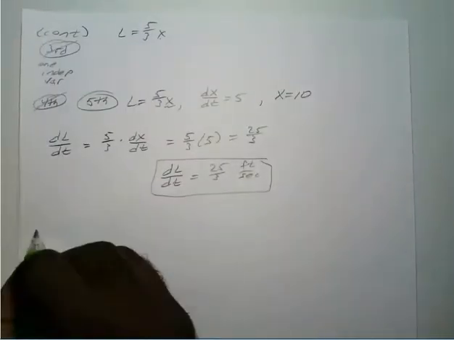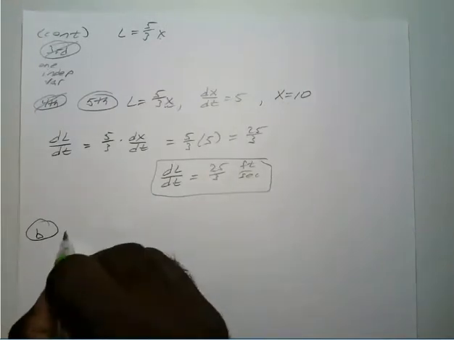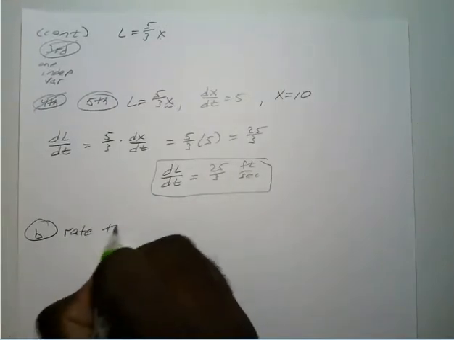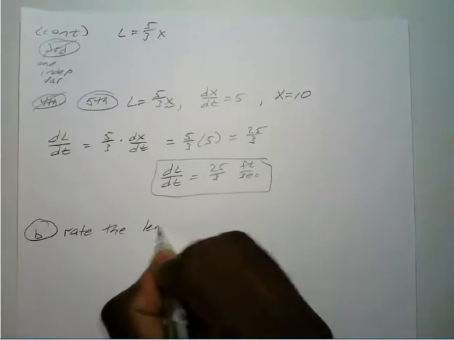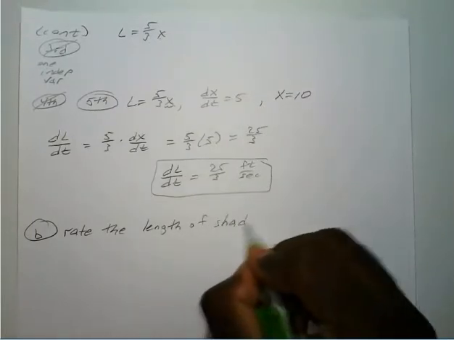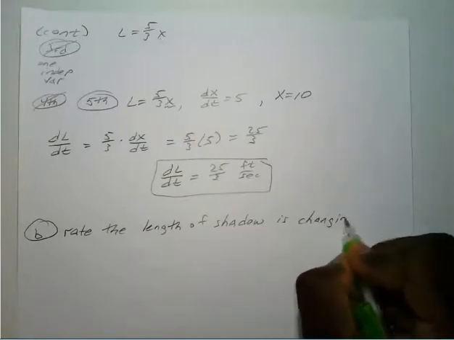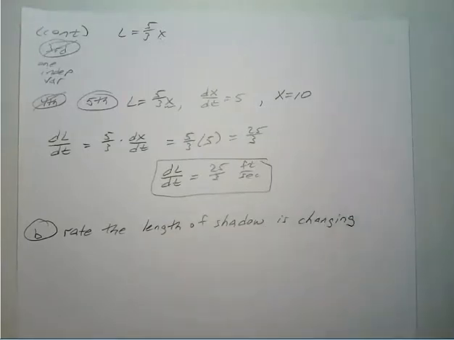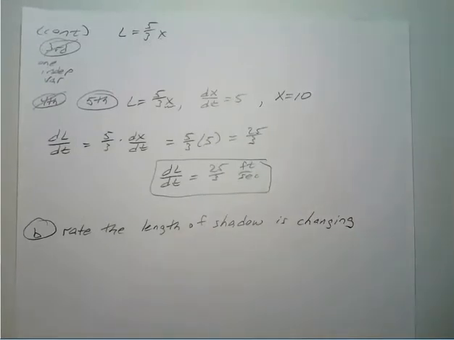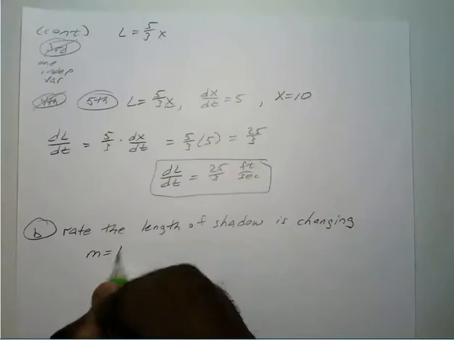All right, so for B, we want to know the rate the length of his shadow is changing. Now if you remember, M is equal to the length of his shadow.